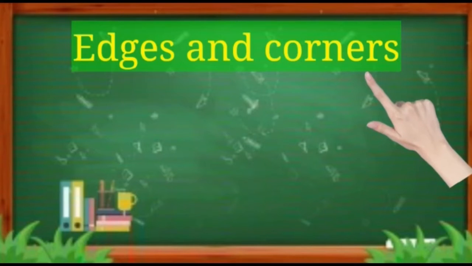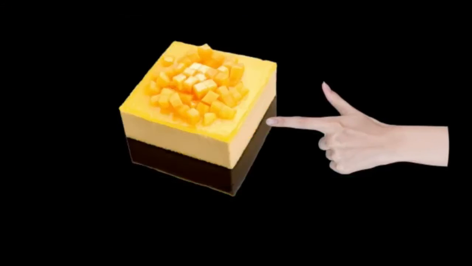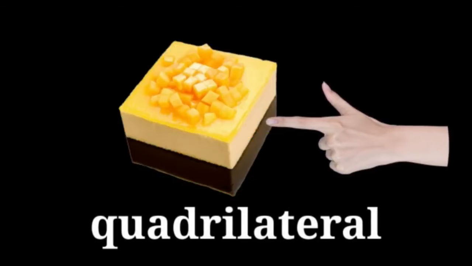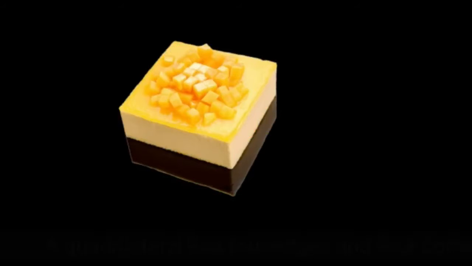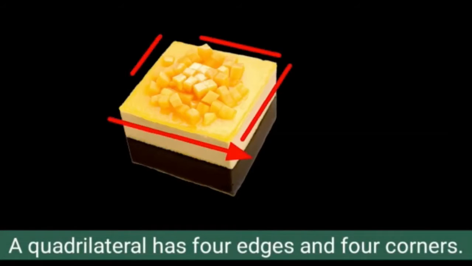Today we are going to learn about edges and corners. Now, look at this piece of burfi. It is a quadrilateral. A quadrilateral has 4 edges and 4 corners.